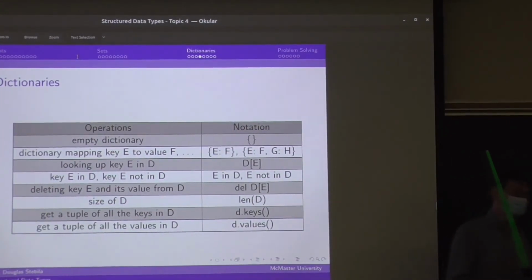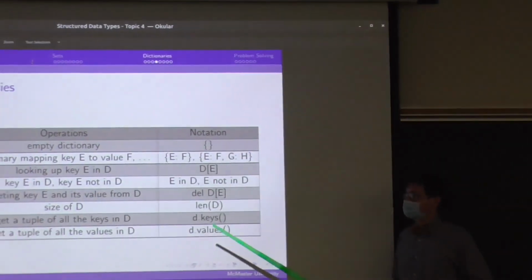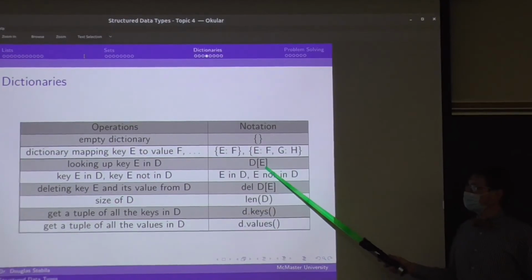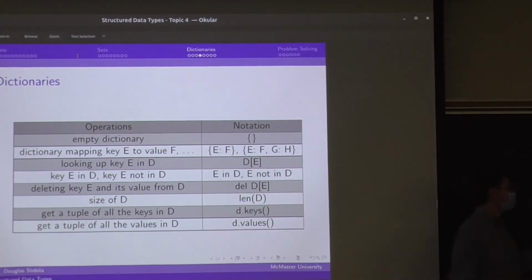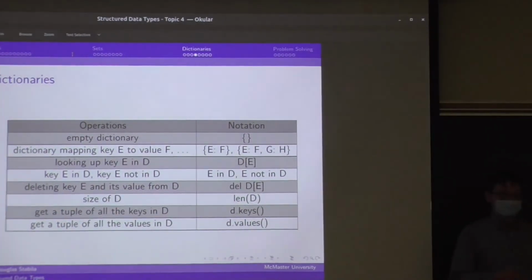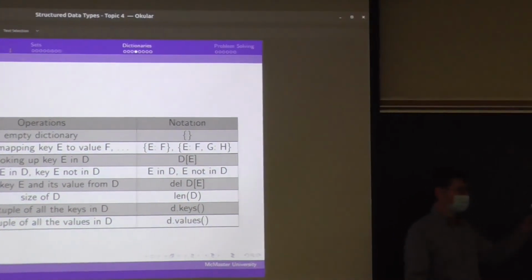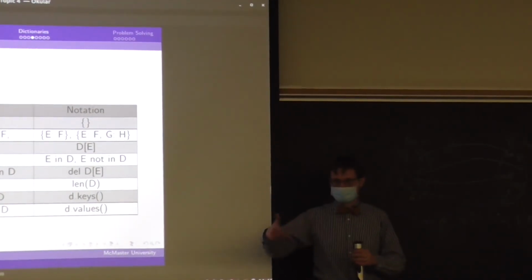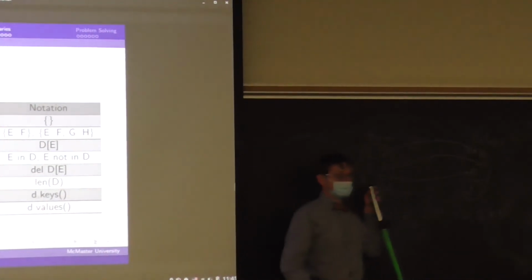If you want to look up some key E in the dictionary, the thing you're looking it up by is the first of these pairs. These are unidirectional. It's possible to go the other way, but it's more work. The way that it's designed to work is you access this one using that one.